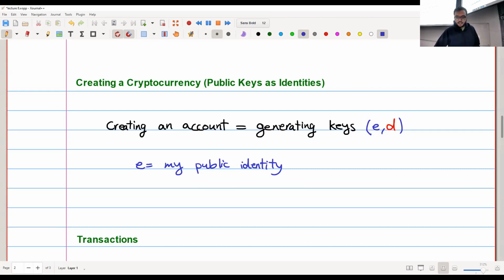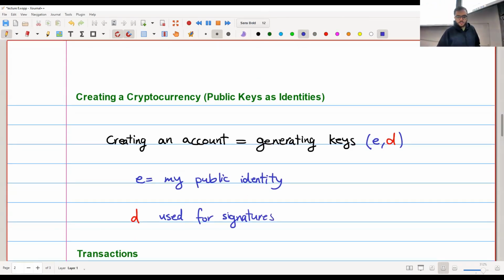And then D is basically used for signatures. So D is my private key, and I can use this for signatures. Okay, yeah, so D is used for signatures.